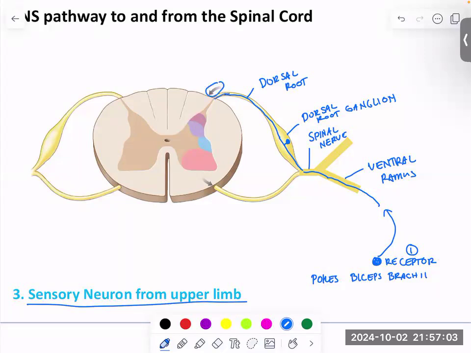The sensory information has to go to the dorsal horn. That's how it arrives to the spinal cord. Once it arrives there, another neuron is going to send it up to the brain, traveling the columns.